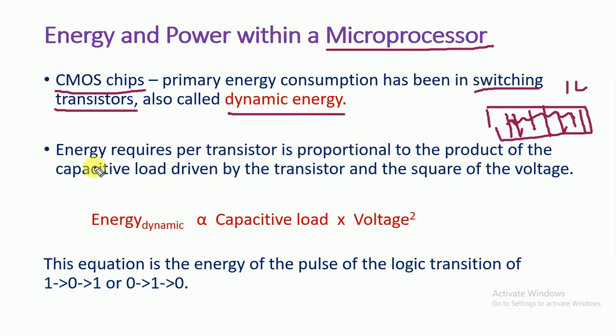Okay. So the energy required per transistor. We have a number of transistors available in an IC. The energy required per transistor is actually proportional to the product of the capacitive load of each transistor and the square of the voltage, that is voltage square. So we can define dynamic energy as proportional to the capacitive load present in that particular transistor multiplied by voltage into voltage, that is voltage square.